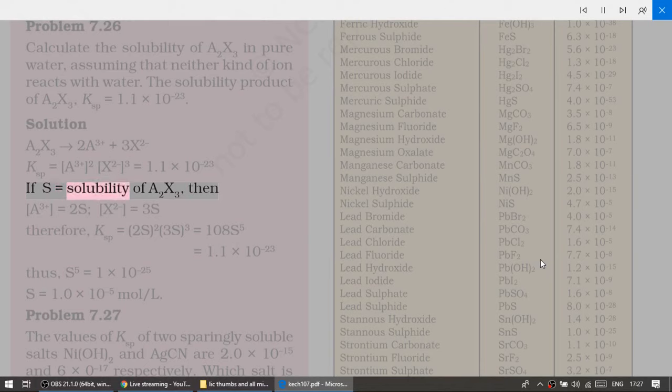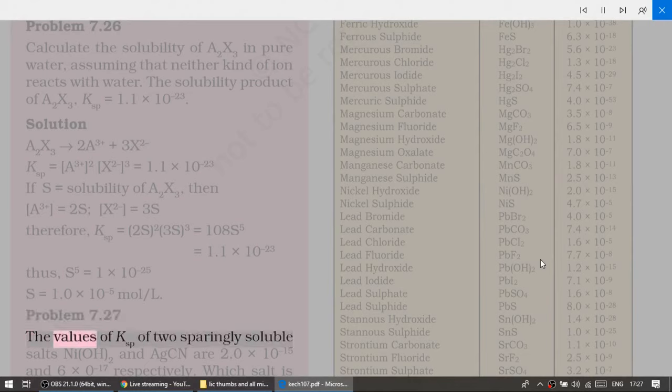If S is equal to the solubility of A2X3, then [A^3+] = 2S and [X^2−] = 3S. Therefore, Ksp = (2S)^2 (3S)^3 = 108 S^5 = 1.1 times 10^−23. Thus, S^5 = 1 times 10^−25, and S = 1.0 times 10^−5 mol/L.